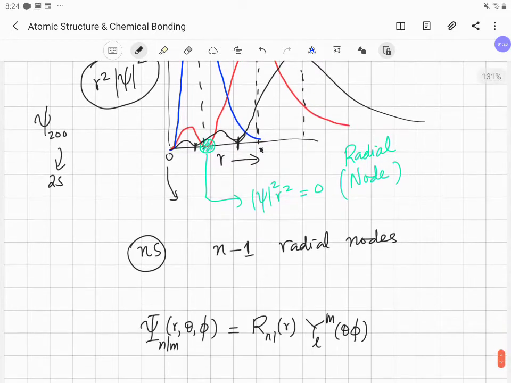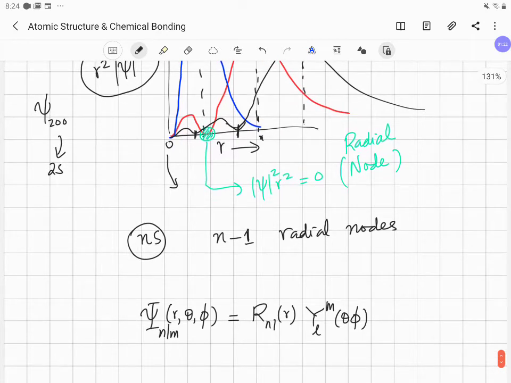And we have also seen there are some points where the probability densities are zero. These are called radial nodes, sometimes known as spherical nodes.